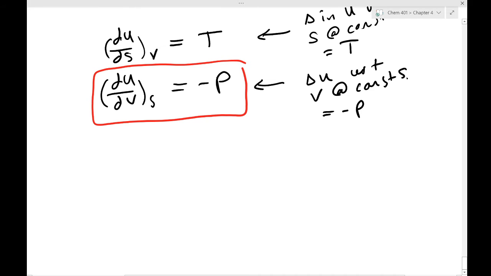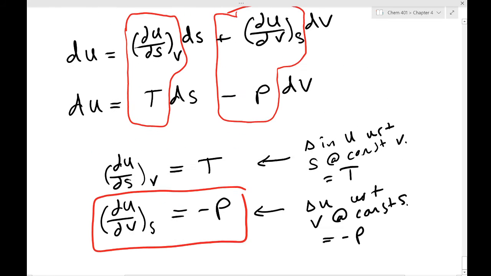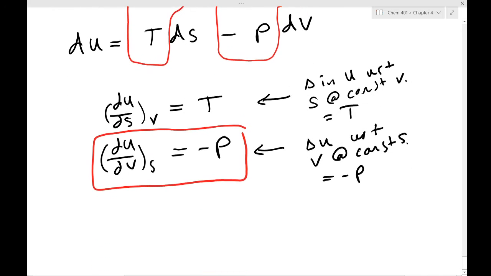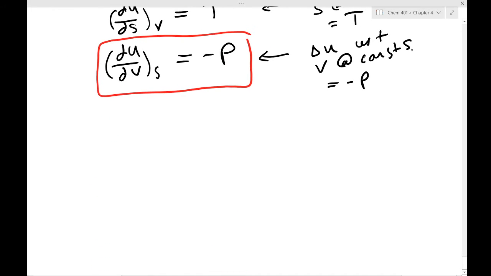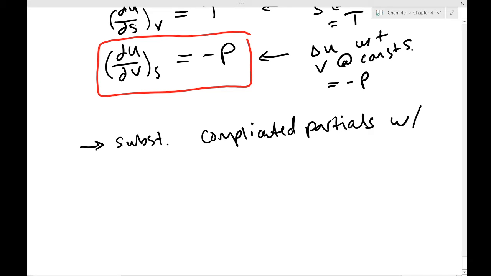First of all, we can measure T and P directly. Also, these relationships here: I only did dU, but I can do all of them. I can substitute in and look at each and every one of the above state functions, and we can then substitute complicated partials with simple state variables.